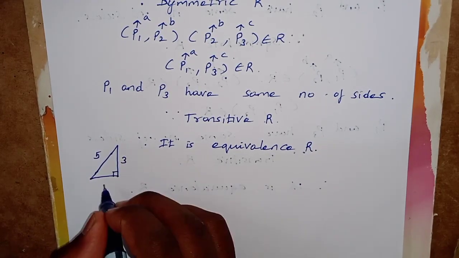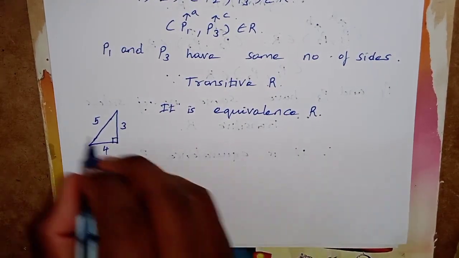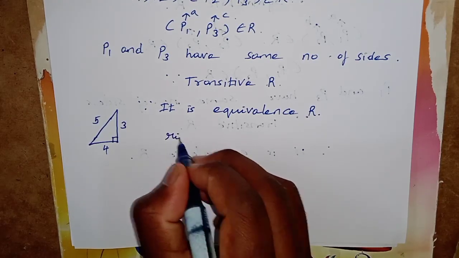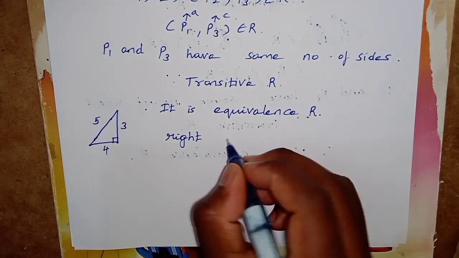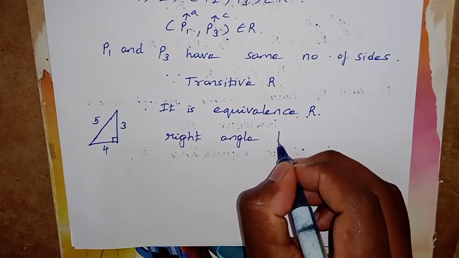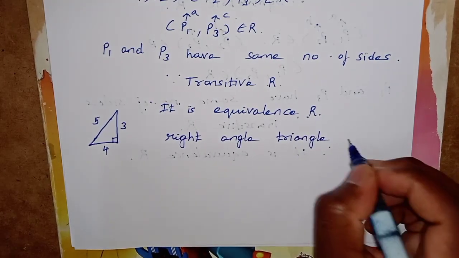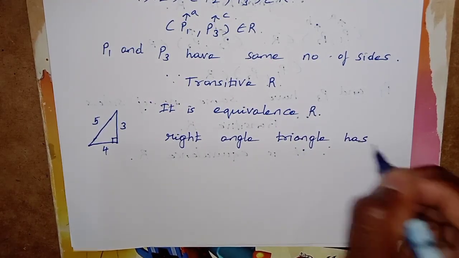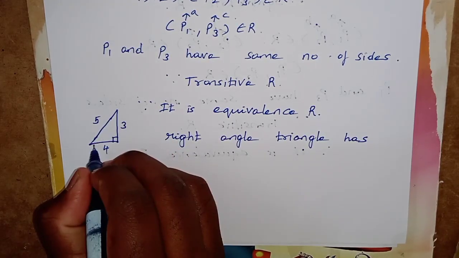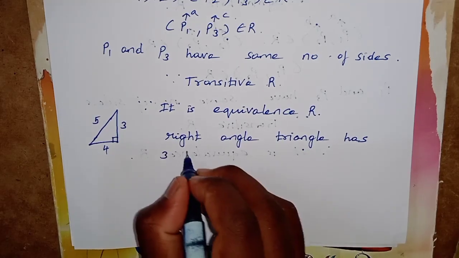Here it should be 3 or 4. Right angle triangle has how many sides? 1, 2, 3. Okay, a right angle triangle has 3 sides.